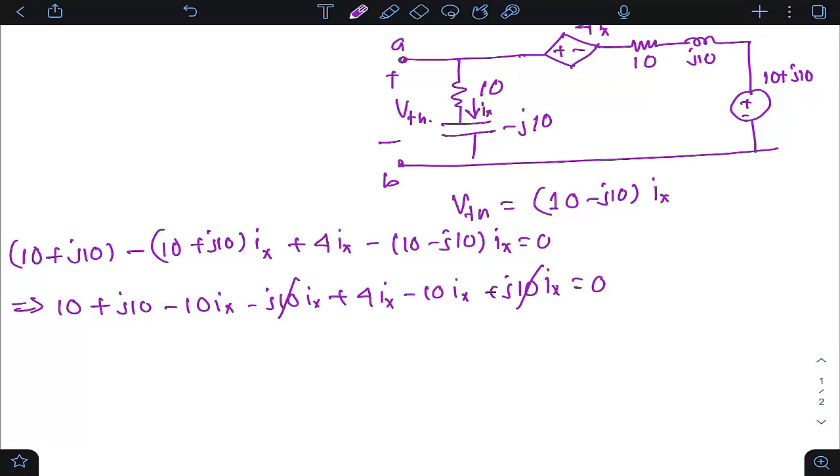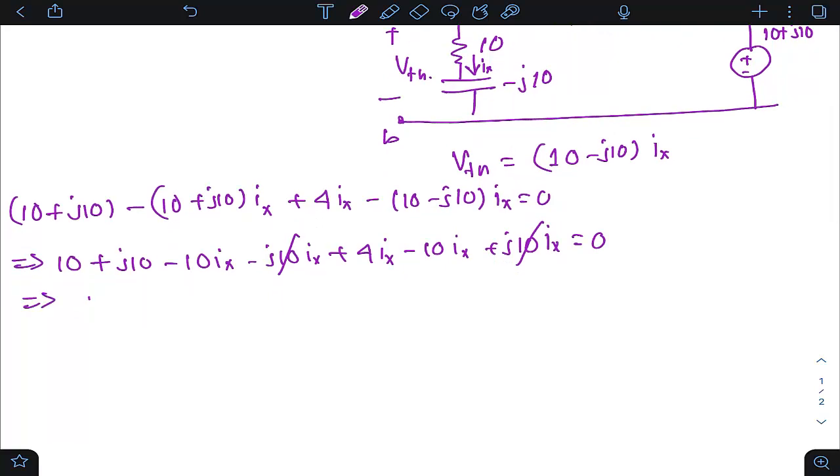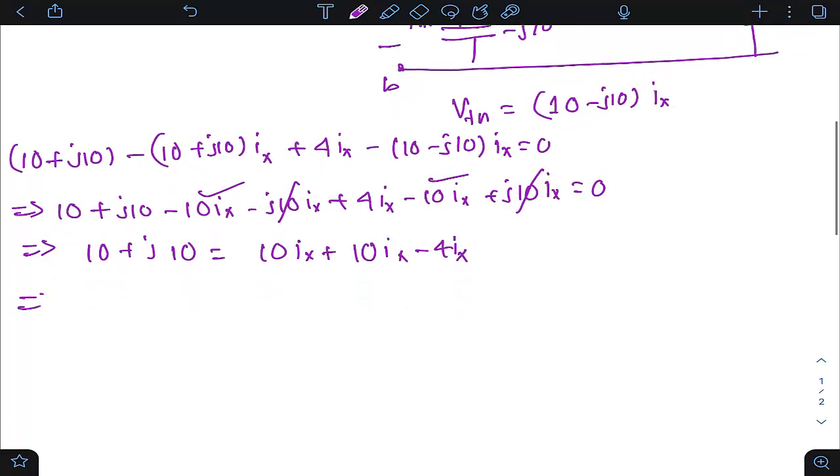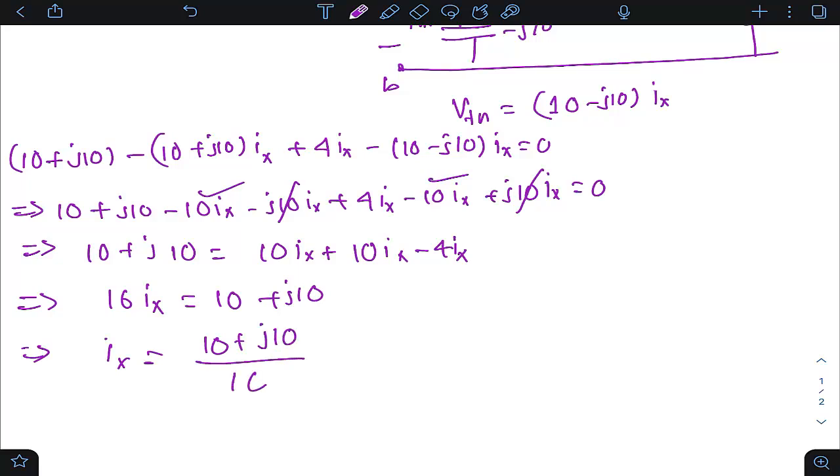This implies 10 plus J10 equals, if you take it to the other side, 10Ix plus 10Ix minus 4Ix. So 20 minus 4, that is 16Ix equals 10 plus J10, or your Ix happens to be 10 plus J10 divided by 16. This is the value of Ix.